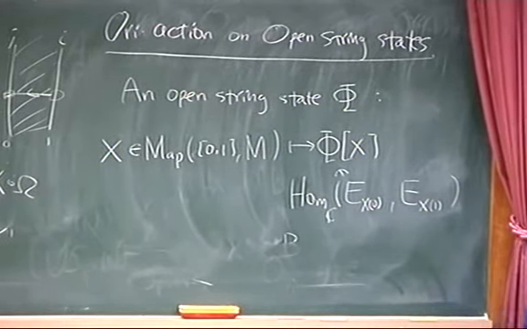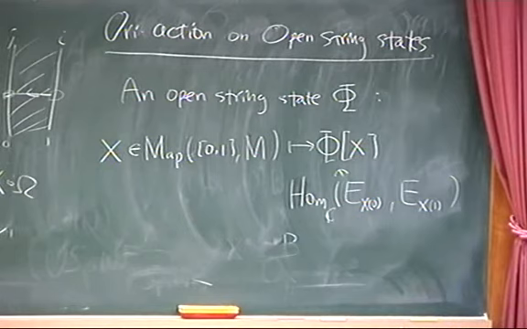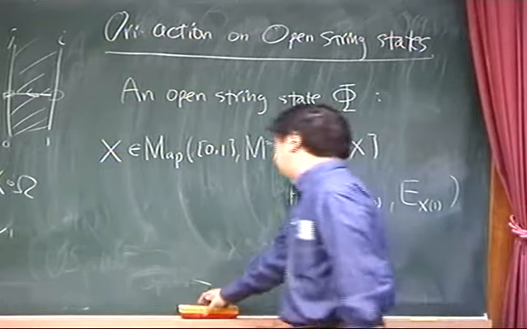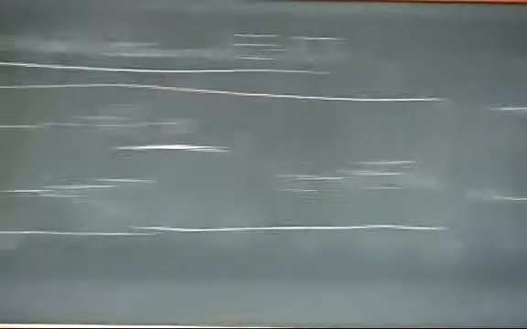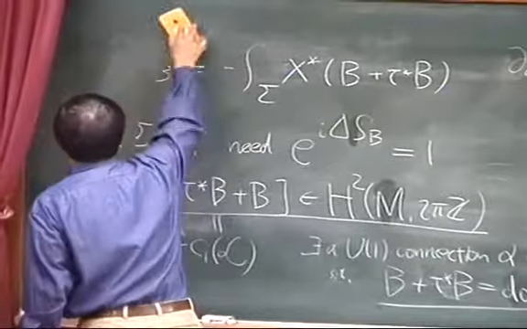So that's the open string state. Okay. So we want to find a parity action on this open string state, an orientifold action on this.